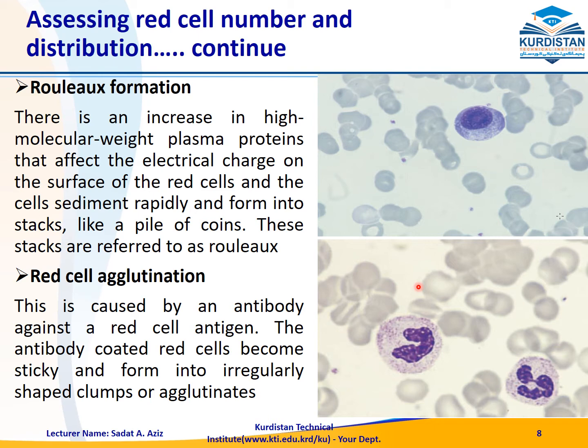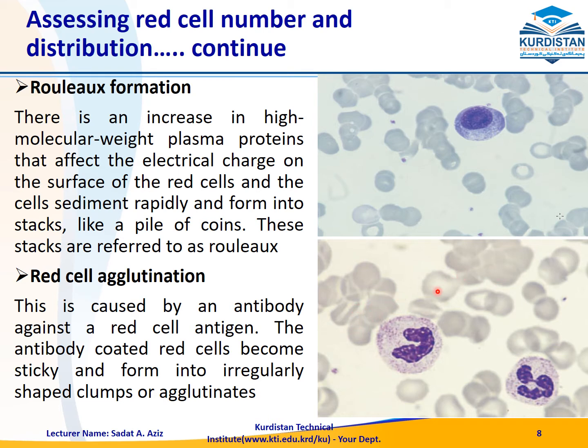While in the case of agglutination, when there is an antibody reaction on the surface of the red blood cells, as in the case of erythroblastosis fetalis or the hemolytic disease of the newborn, the red blood cells are aggregated and they form clumps of cells.